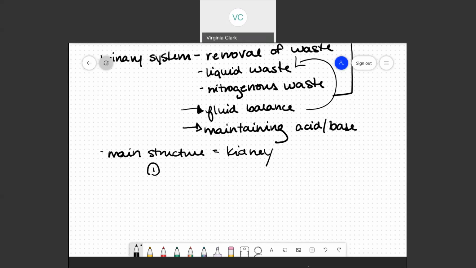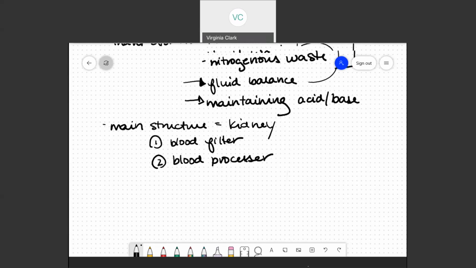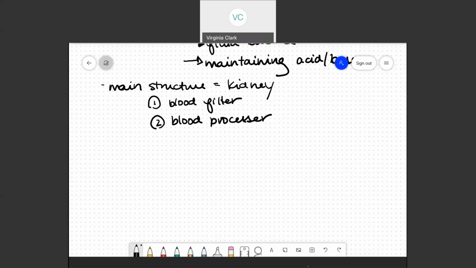The first one is he's going to be a blood filter. Your kidney will actually act as a filter for all of your blood. But then it's also a blood processor. So not only will it filter out all of the blood, but it will also process it, clean it up, and do all the things it needs to do to maintain its integrity.